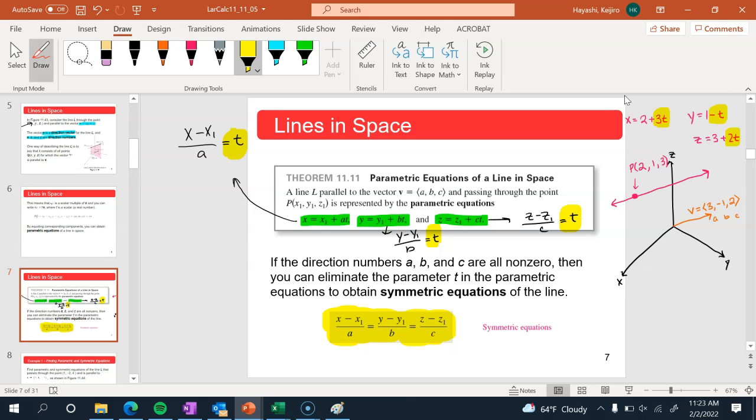It can be any vector that's going in the same direction. And so these numbers could have been 6t, -2t, and 4t. Because all that's important is the ratio of the change in x, the change in y, and the change in z given by the vector.